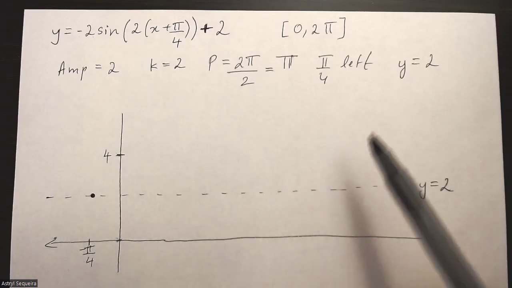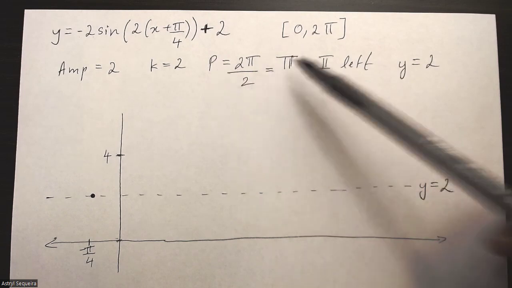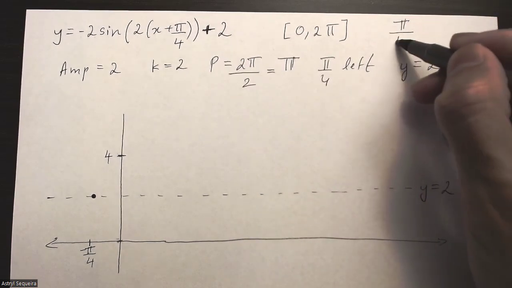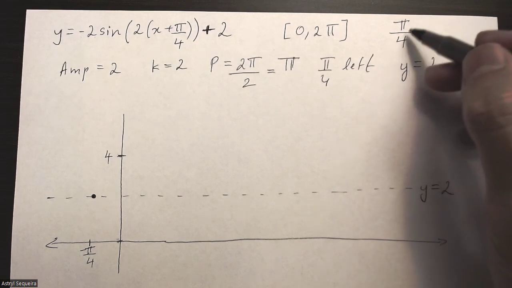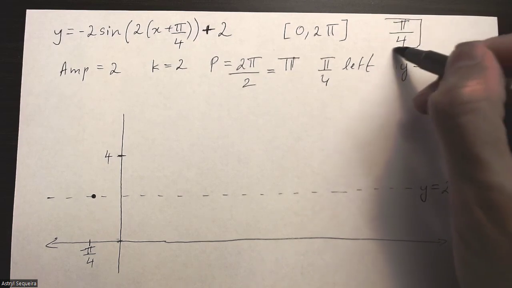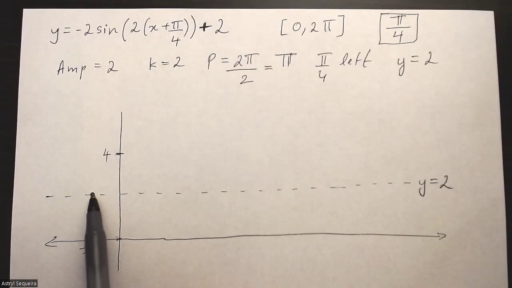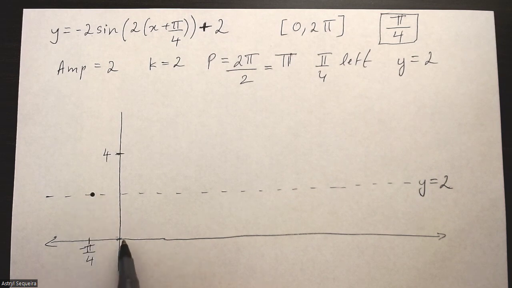To find my next key point, I'm going to always take my period and divide it by 4. So pi over 4, that's going to be the distance from one key point to the next. So for a negative sine wave, I'll go from my axis to my minimum.